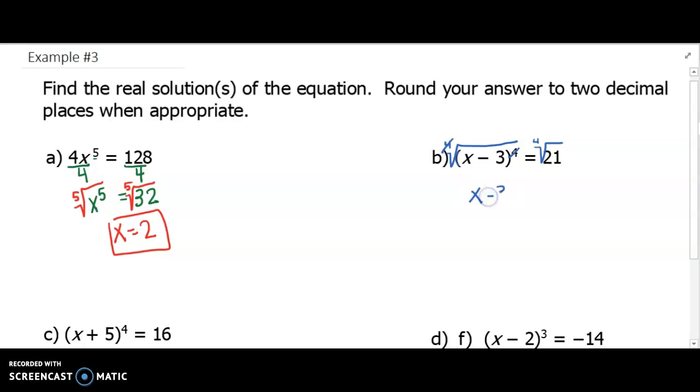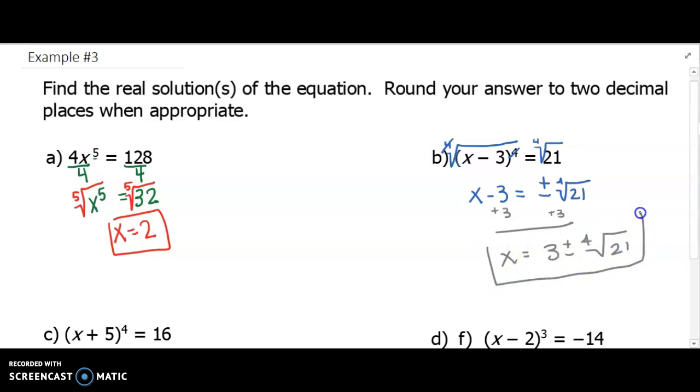We're left with x minus 3 equals, and this is an even power, so it would be plus or minus the 4th root of 21. And just to get x by itself, let's add 3 to both sides. So x would just be 3 plus or minus the 4th root of 21. There's our final answer.